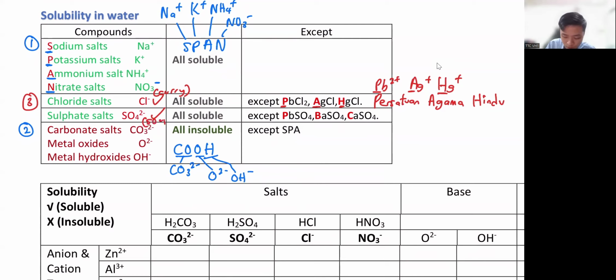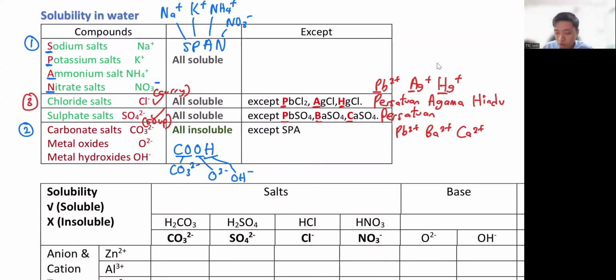You have sulfate, which is all soluble, SO4 2-, except PbBaCa. All of these are insoluble when they meet SO4 2-. The way you memorize is you remember the soap.